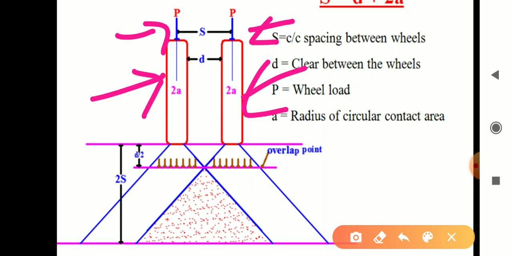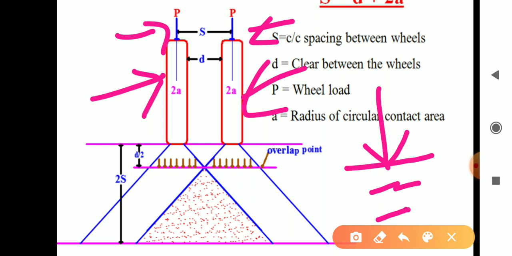Here we are using one term, that is called contact pressure. Contact pressure means, assume this is the ground and we are applying load. The contact pressure or contact stress will be more in this particular area, and later it will spread like this.